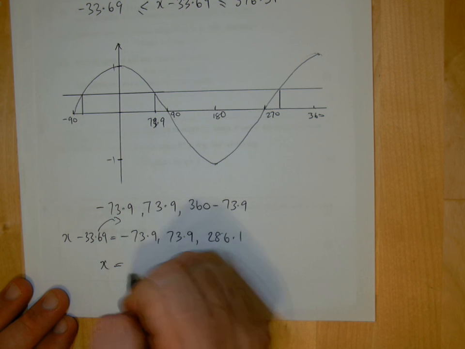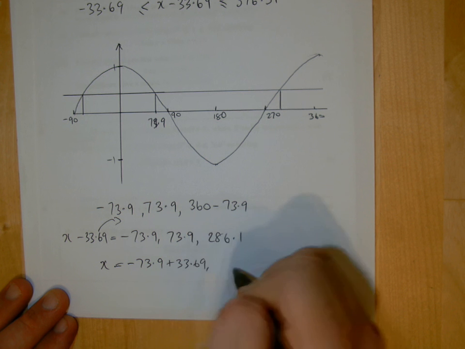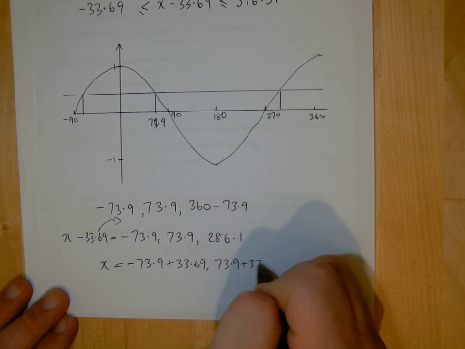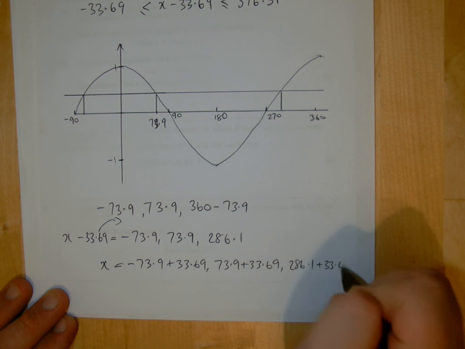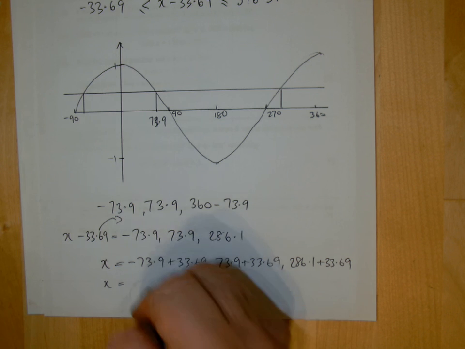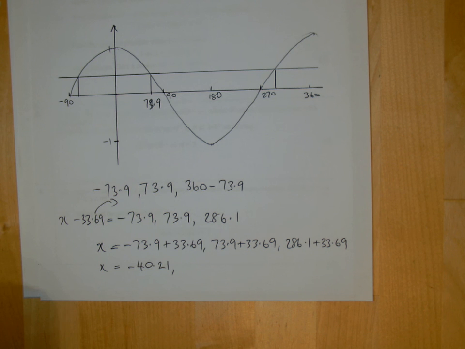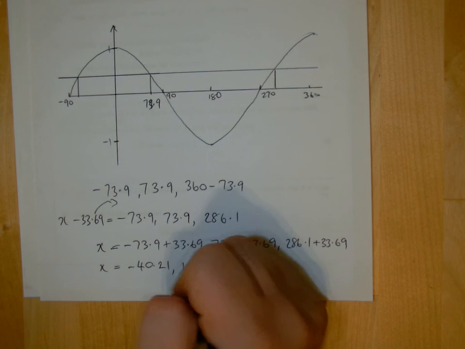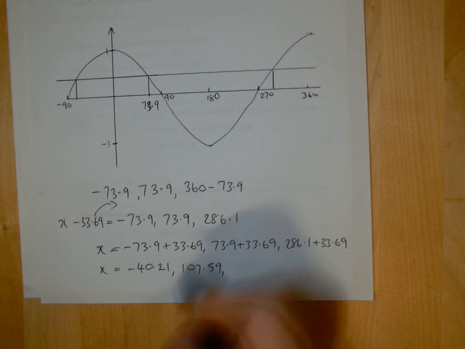If you take that over, of course it's going to be a plus, so you need to add that to all of them. So let's do that on my calculator: minus 73.9 add 33.69, so I get minus 40.21. 73.9 plus 33.69, so I get 107.59.